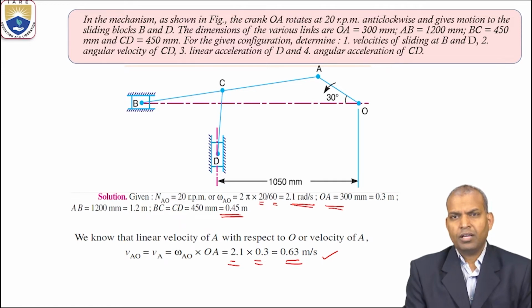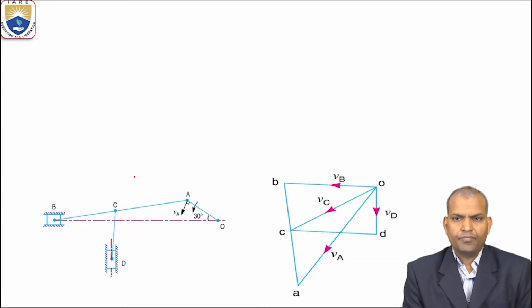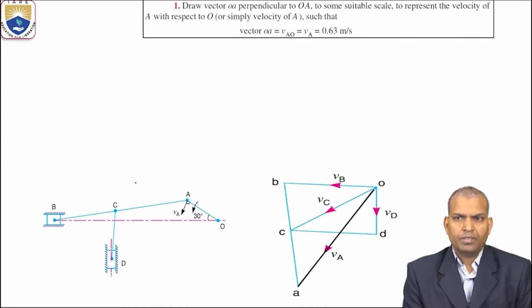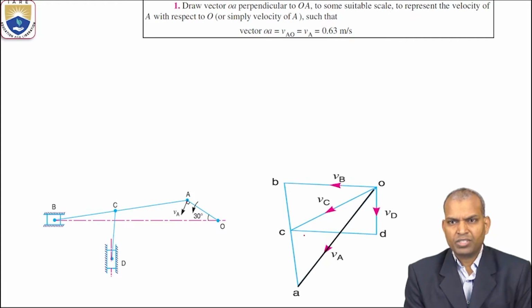Then let's go for how to draw the velocity diagram. The first step is to draw vector OA perpendicular to link OA, to some suitable scale, to represent the velocity of point A with respect to O, that is the absolute velocity or simply the velocity of A, such that vector OA equals 0.63 meters per second.